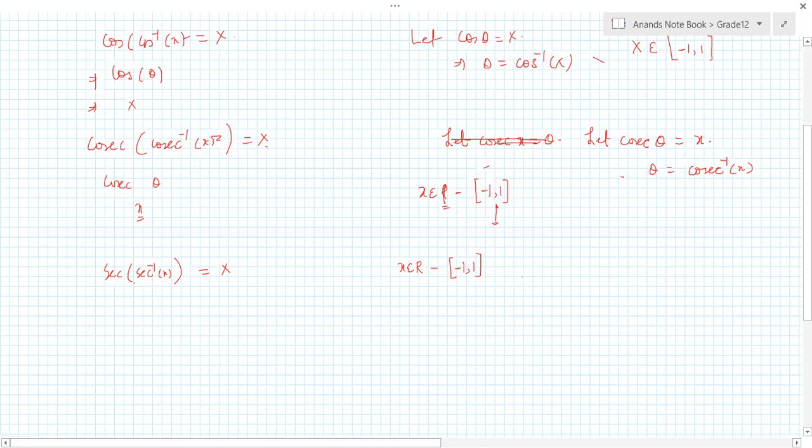The reason why we are putting minus here is based on sine theta values. See, sine theta can only be between -1 to 1.